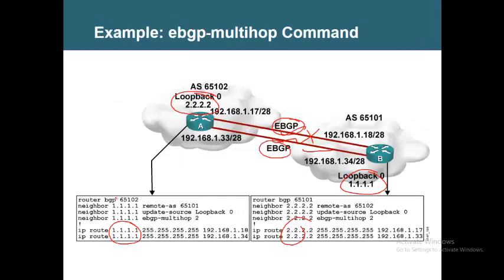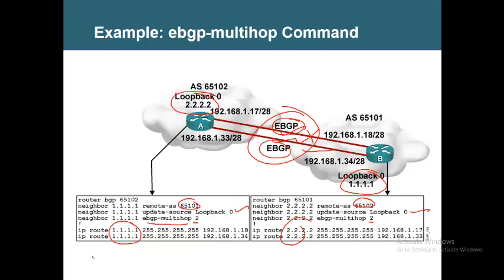Look at this. You have this same command in EBGP as in IBGP, but additionally you are incrementing the TTL value. What does this multi-hop 2 mean?